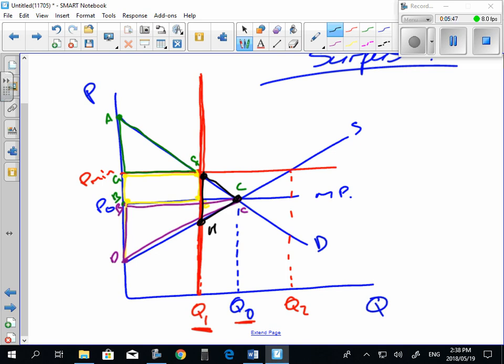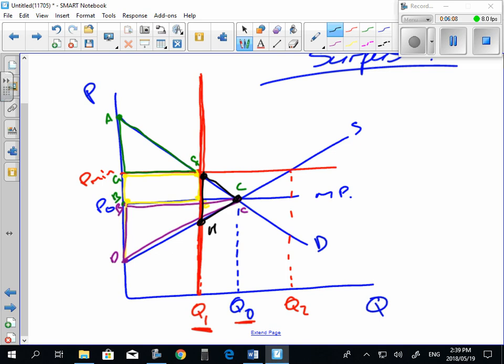Because it has been lost to both, it is called welfare costs. So it is a loss to society. Both producers and consumers have lost that triangle.